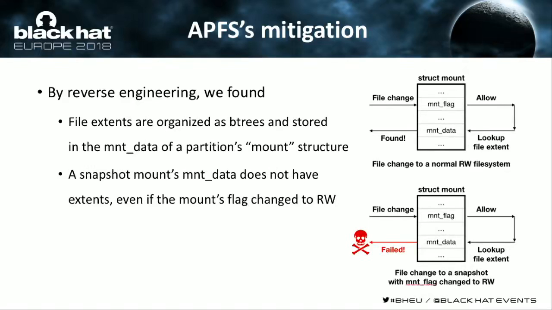And we found that a snapshot mount does not have a valid extent tree in its mount data structure. Even if we change the snapshot mount flag to be read and write, we cannot find a valid extent in its mount data. So this is the main reason that panics the kernel and causes previous attacks to fail.